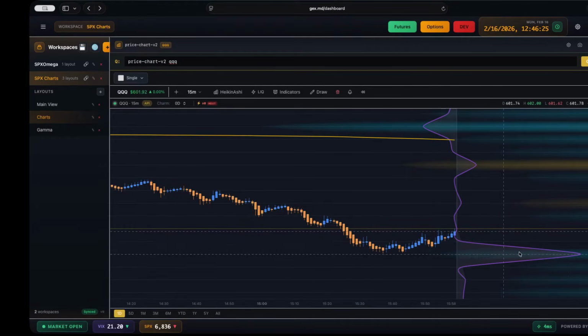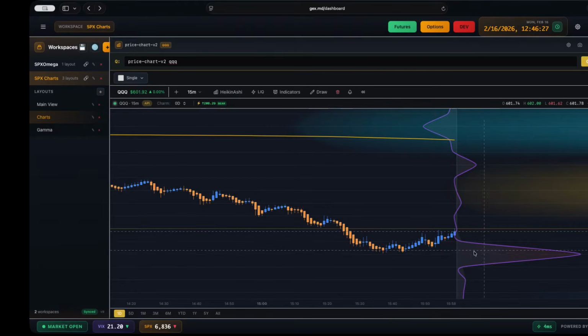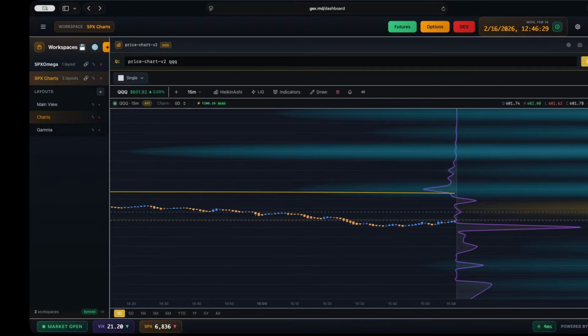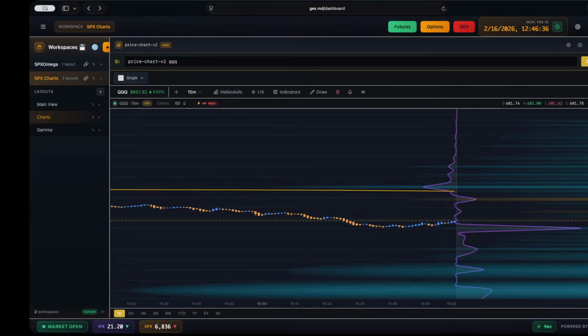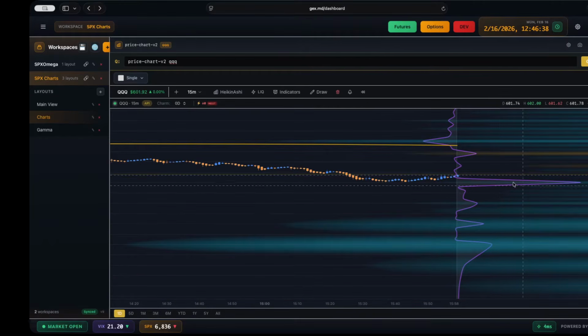But when you see a blue like this, they go away now, like this, for example, it's a big magnet to the downside. Now, how do you know we're going down? You start to see a lot of the yellow lines popping up, and then they push down the price.